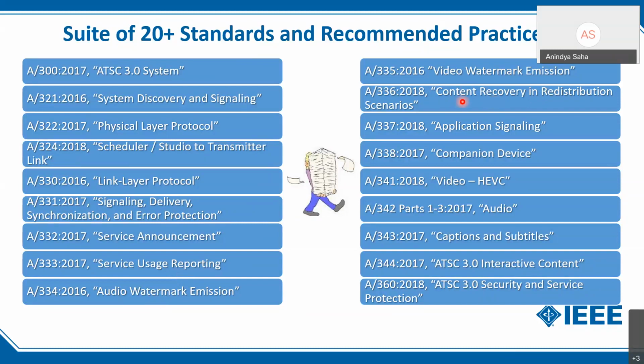So redistribution is also something which has to be thought through. Then application signaling, how you do signaling in the user devices, companion devices, and then audio and video codecs, captions and subtitles, and then there is also some work on interactive content and security, which I have not covered here because it needs more time.